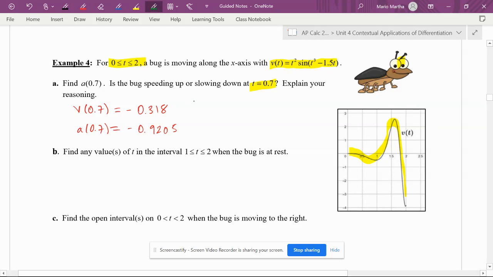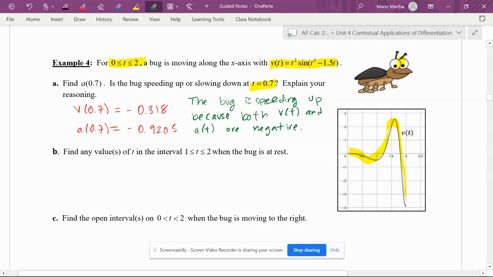So here we can say that the bug is speeding up because both v of t and a of t are negative.